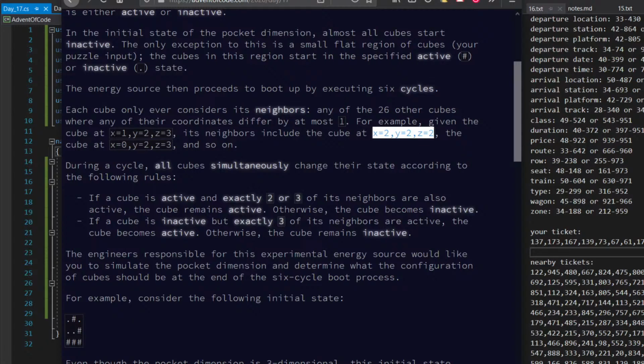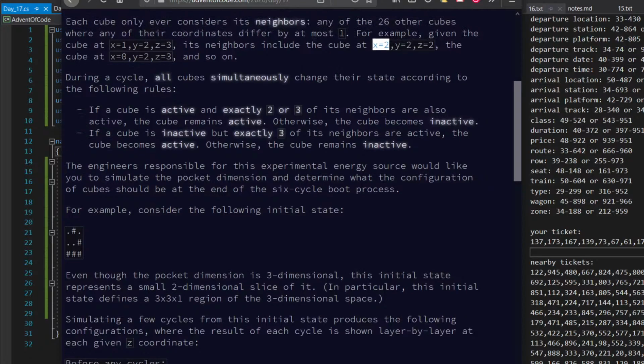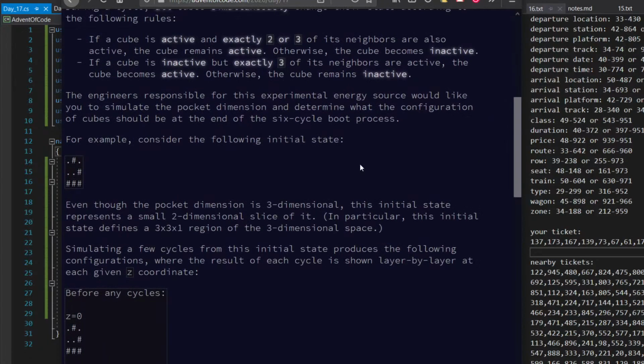I mean, the distance between this one and this one, it's not 1, it's 2. But I think it's saying the difference of a single dimension. So basically, any, was it 1, 2, 3, 4, 5, 6, 7, 8, 8 on the other side.